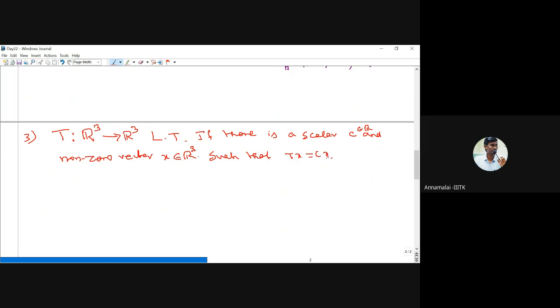That means c is the eigenvalue and the corresponding eigenvector is x. Then the question is, what is the rank of T minus c times identity?